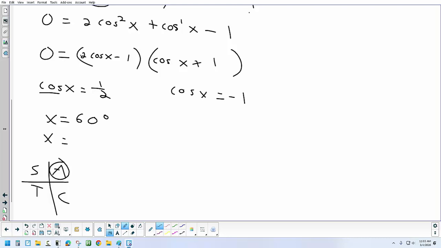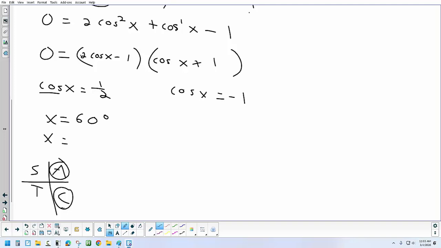Davis? C. What's the formula in that quadrant? 2 pi minus reference angle. Yep.